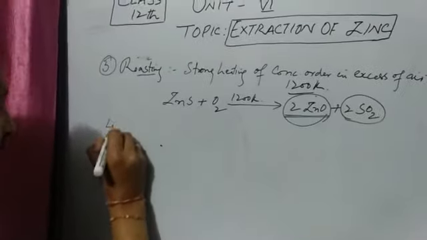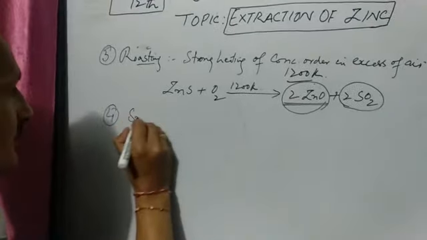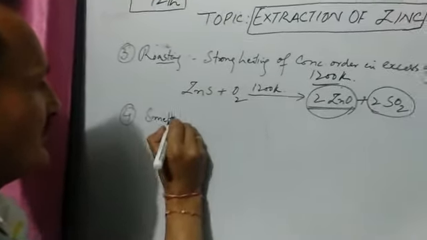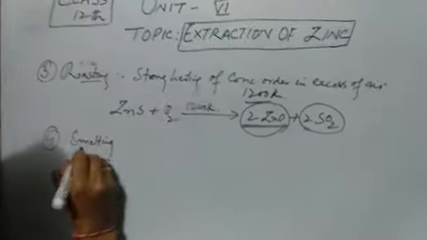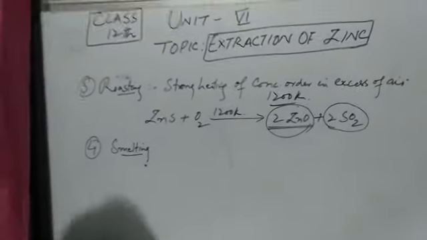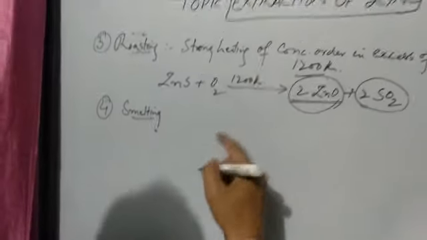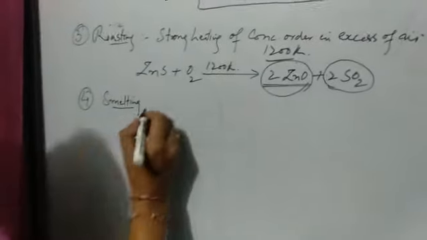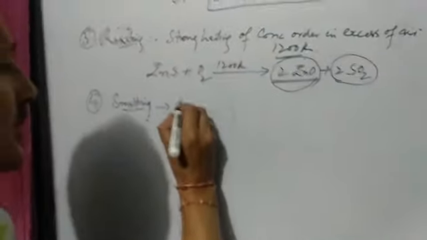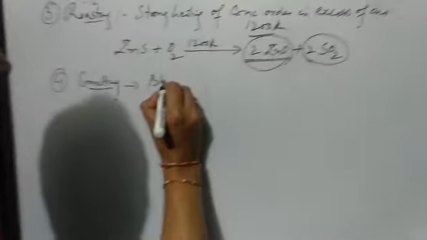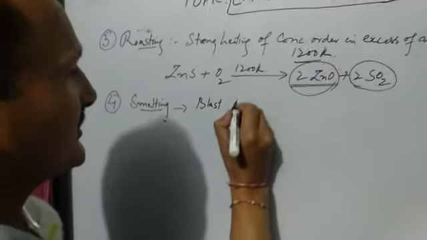Now coming to another step, that is smelting. Now what is smelting? Smelting again means strongly heating the roasted ore at much higher temperature. And if you remember, smelting is done in a big container known as blast furnace.